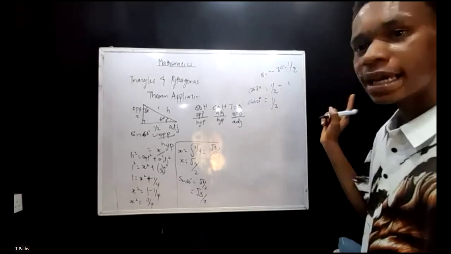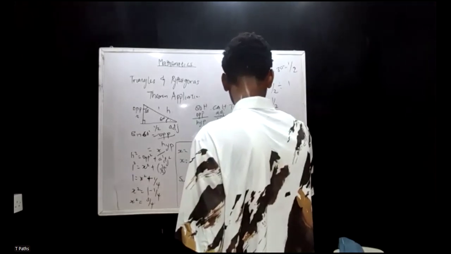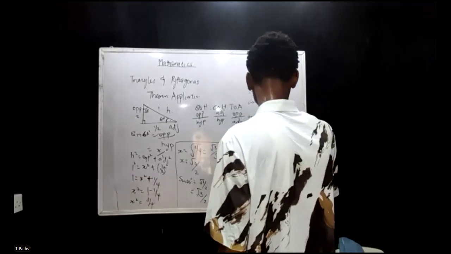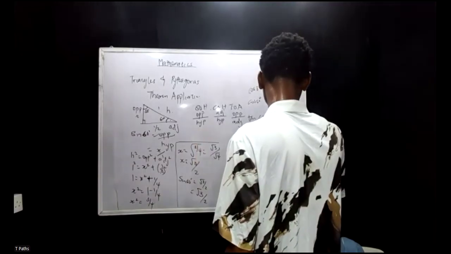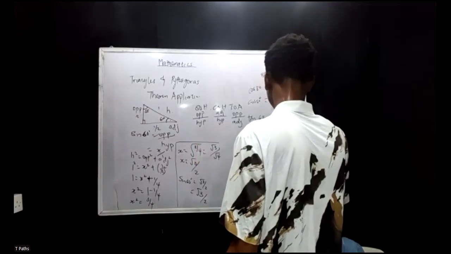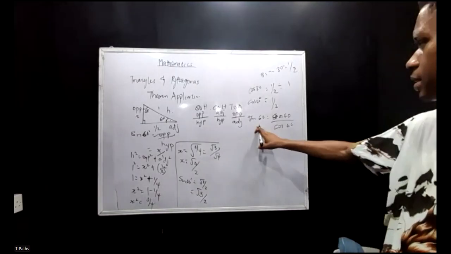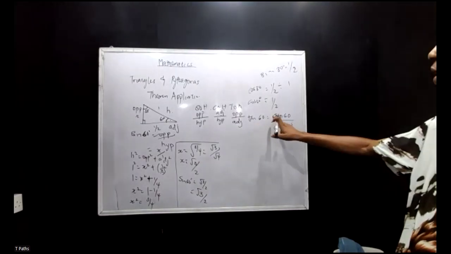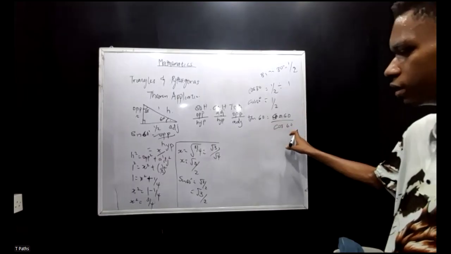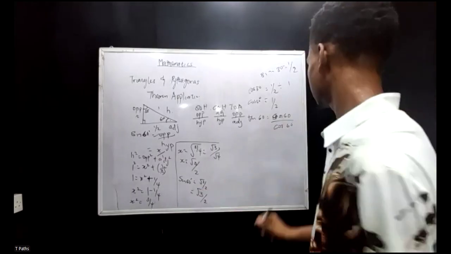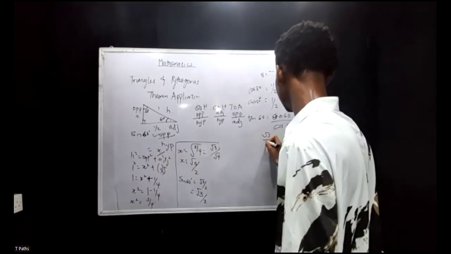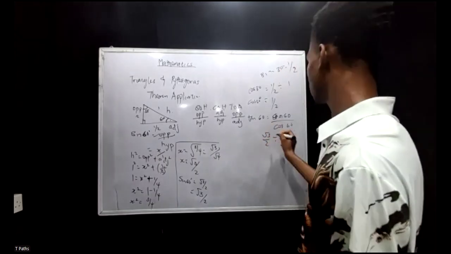Now I said something about tan. I said tan theta is equal to sine theta over cos theta. So the value of tan 60 degrees is equal to sine 60 degrees divided by cos 60 degrees. What is the value of sine 60? Sine 60 is root 3 over 2 divided by cos 60, which is 1 over 2.